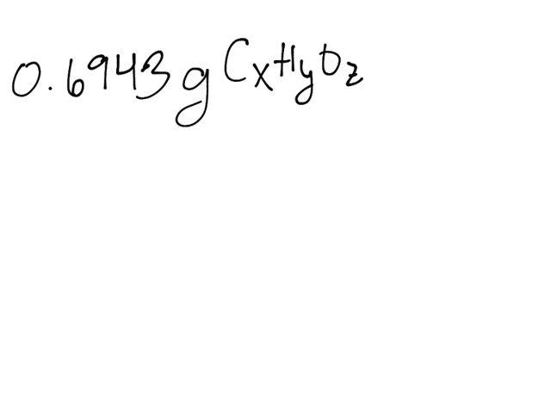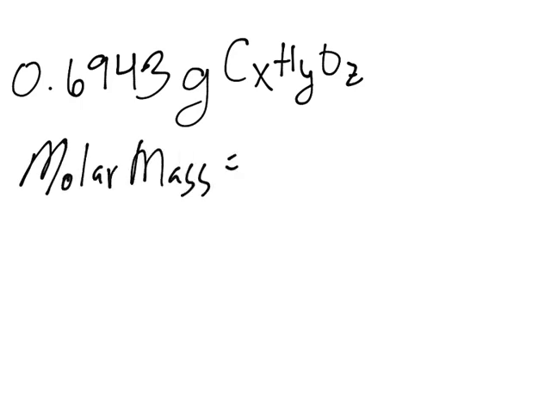And then they tell us that the molar mass of that compound, of that fuel, is about 163 grams per mole. What this tells us from the beginning is that we may have to find the molecular formula.